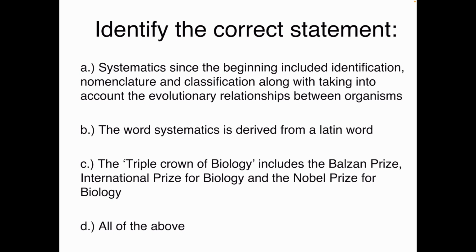Option B, the word systematics is derived from a Latin word. Option C, the triple crown of biology includes Balzan Prize, International Prize for Biology, and Nobel Prize for Biology. And option D is all of the above.